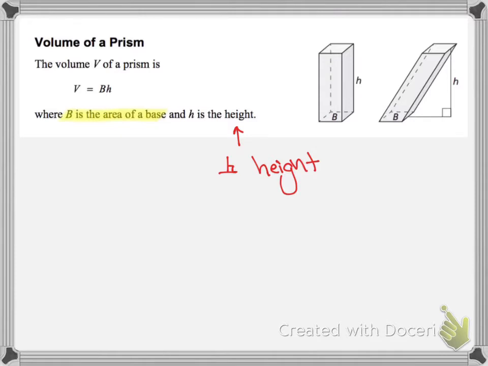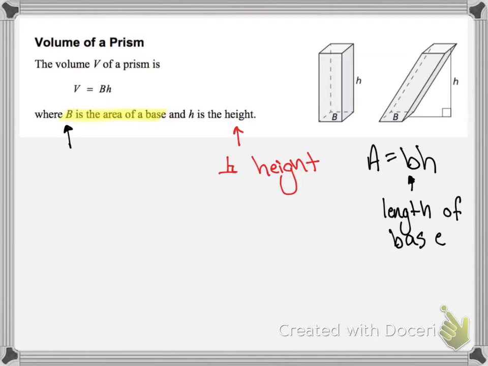An uppercase B has a very different meaning than a lowercase b. For example, we had area equals base times height. I always used a lowercase b because that represents the length of the base. Whereas here, the uppercase B is actually the area of that base.